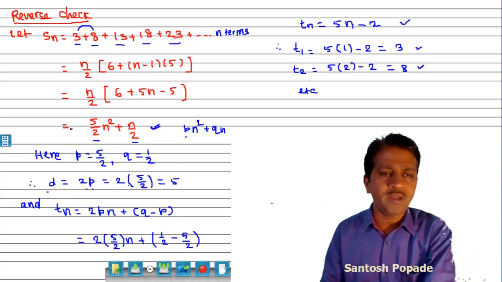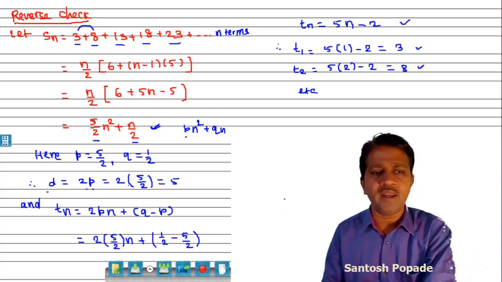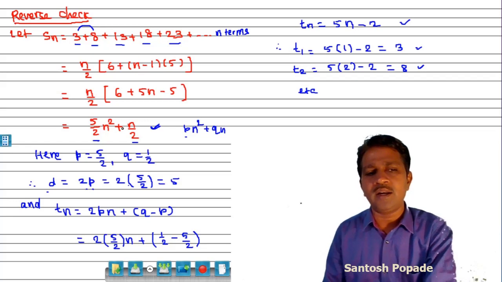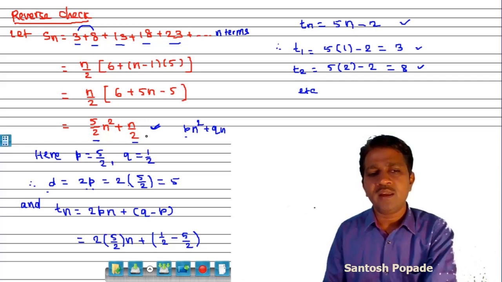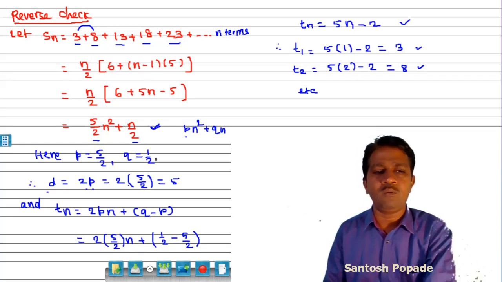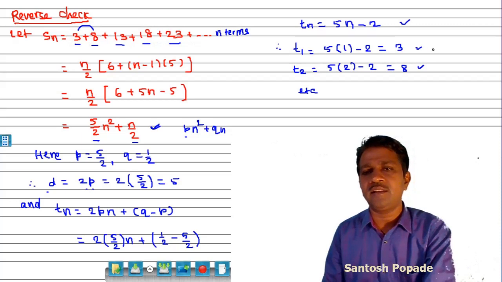It will always be a quadratic. The sum of n terms of an AP will always be a quadratic. Then I checked whether the trick works: P, Q obtained, then D obtained, Tn obtained, and we observe that we are getting the same sequence that we assumed here.